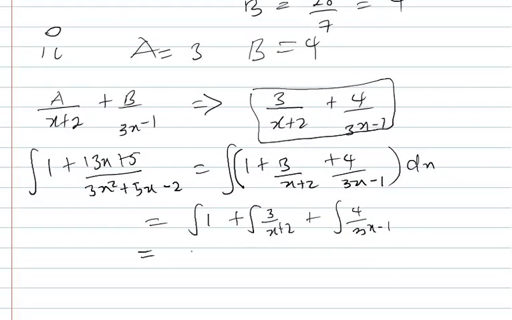Then the integral of a constant term is just x, plus 3 times the integral of 1 over x plus 2, and then plus 4 times the integral of 1 over 3x minus 1.